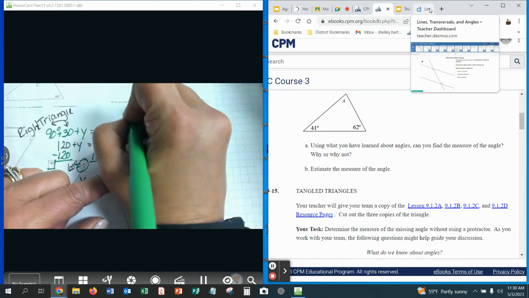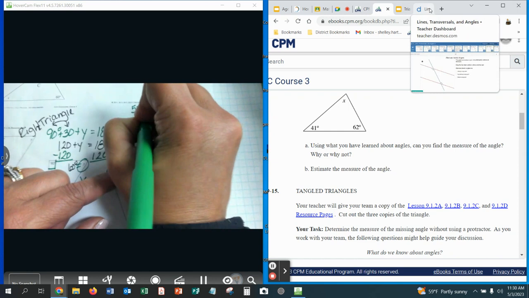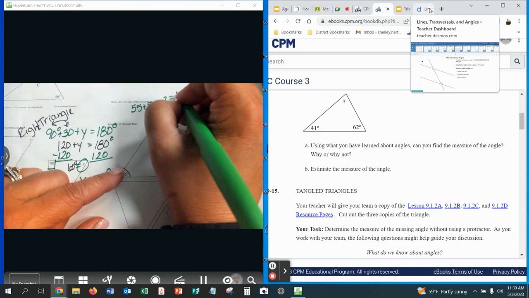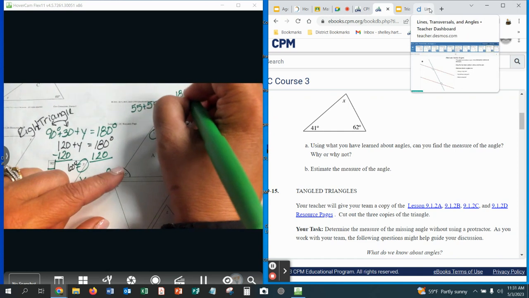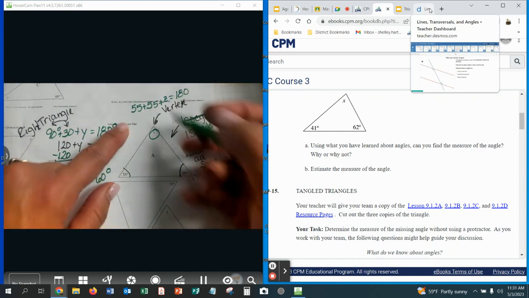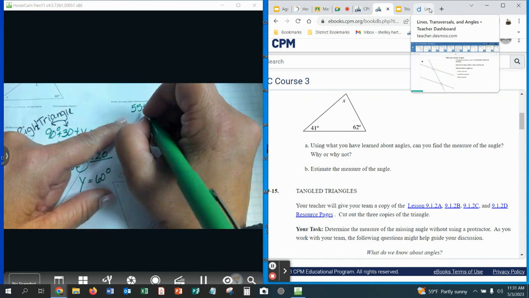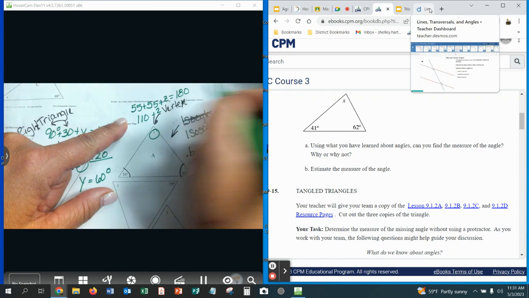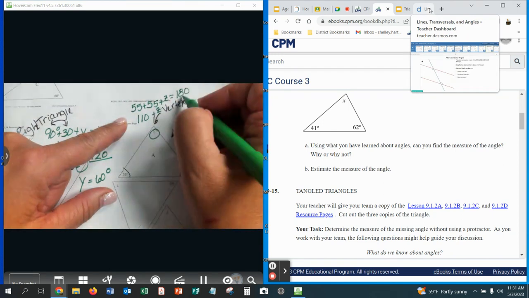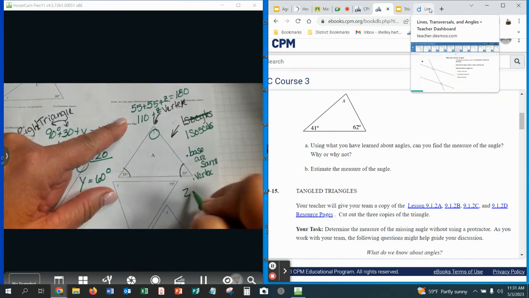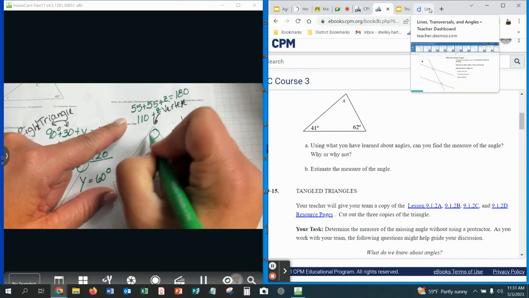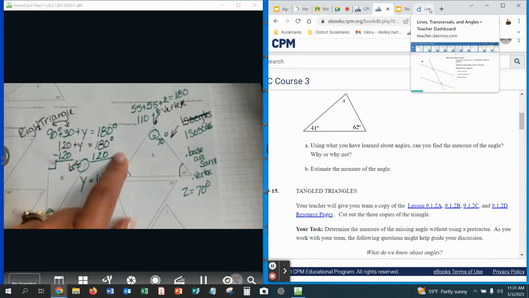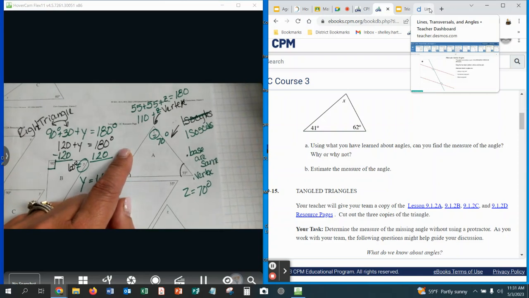So it's 55 plus 55 plus z equals 180. I'm going to add 55 and 55, which is 110 plus z. Subtract it. Z is going to equal 70 degrees. But it has to add up to 180 degrees.